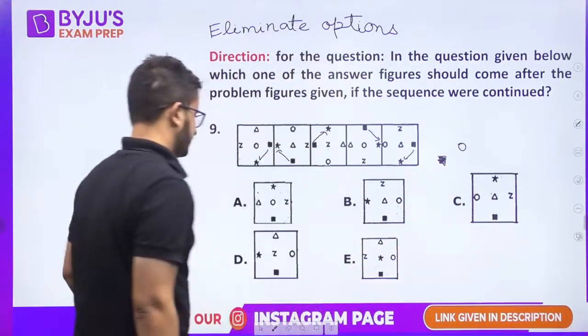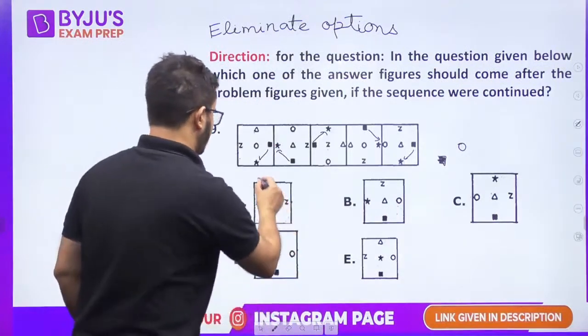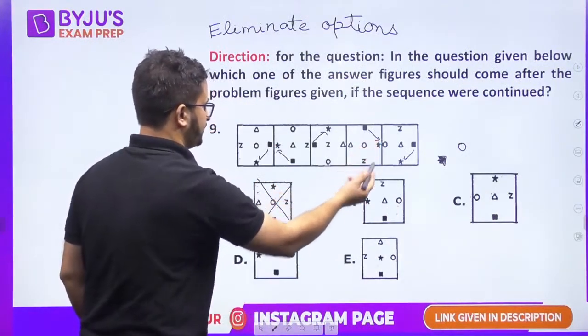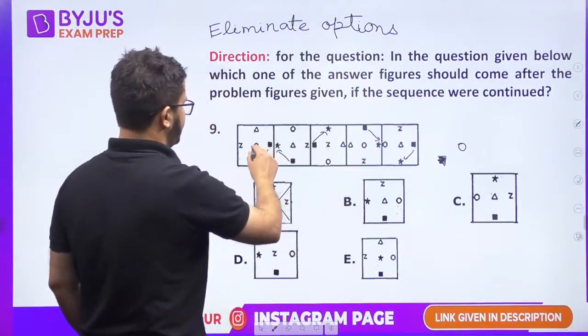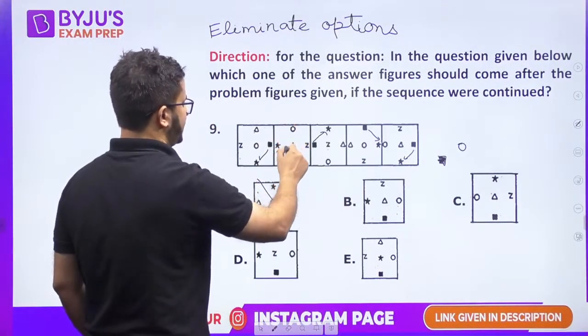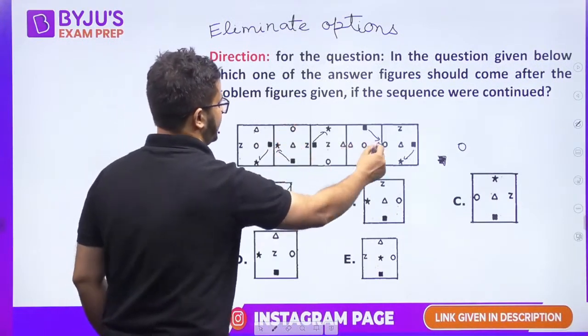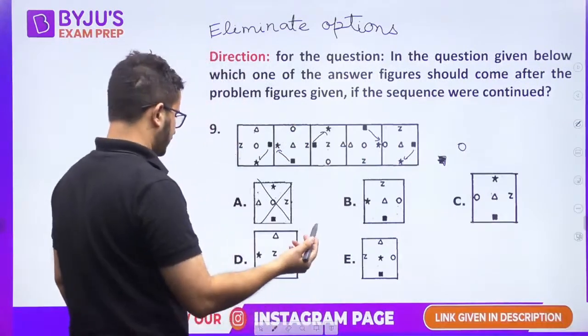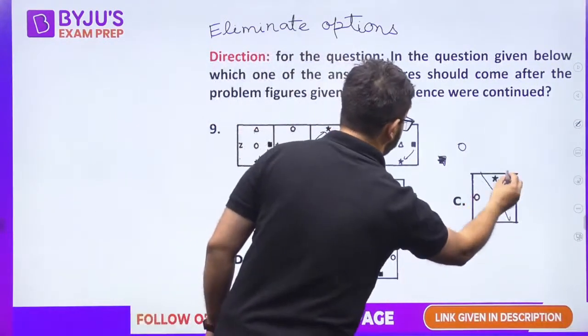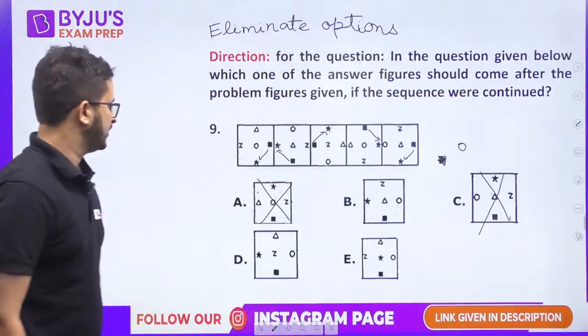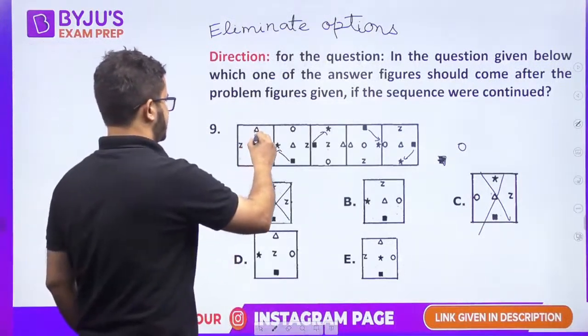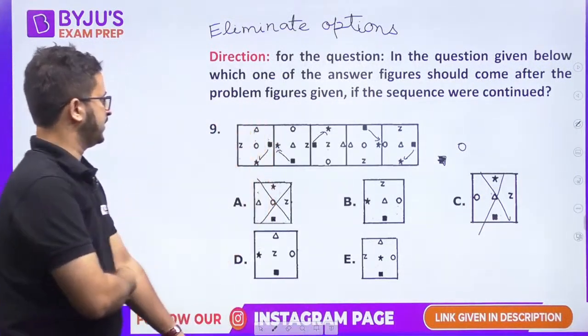So we can eliminate this option. It will not stay at the center, because if it is coming to this from the center, it is going to one end, then the extreme end, then center, then one end, second end. So we have eliminated 2 options, and we are done with this figure.